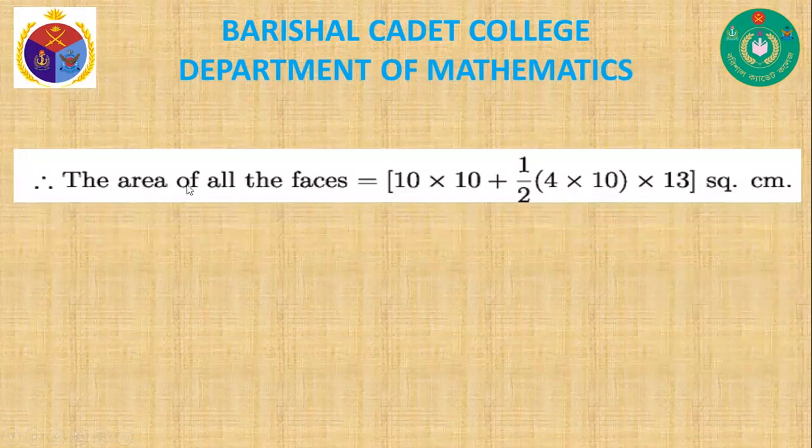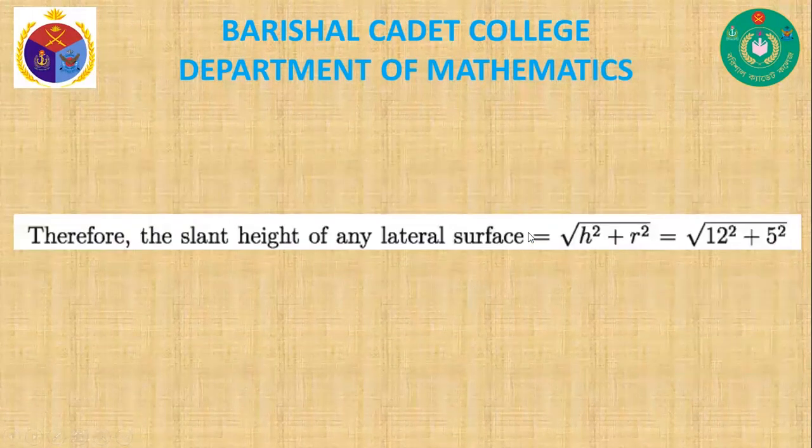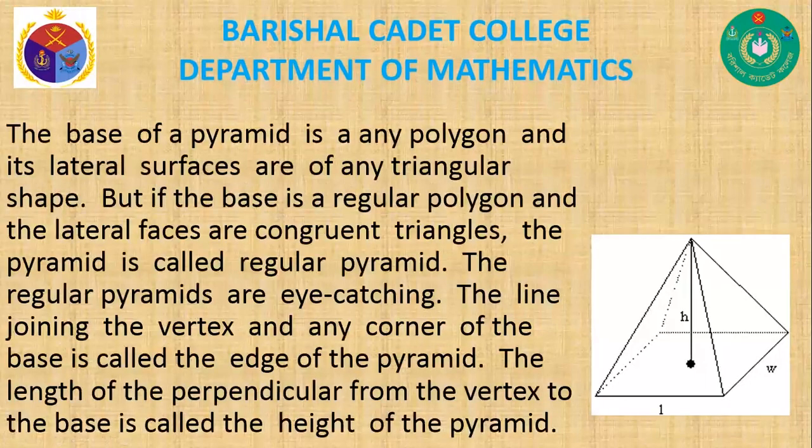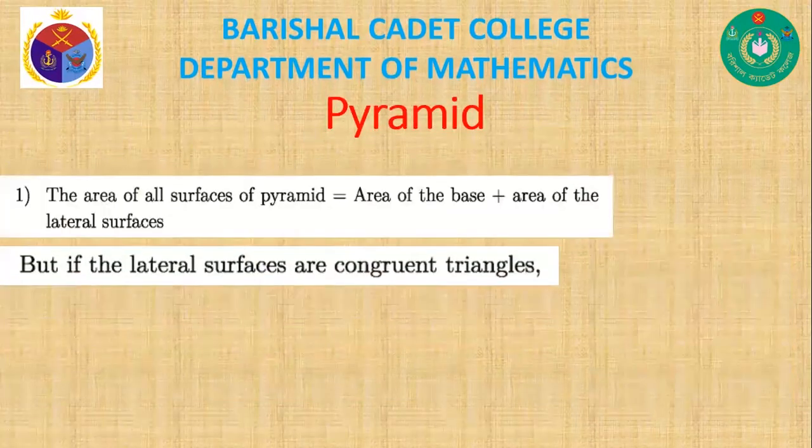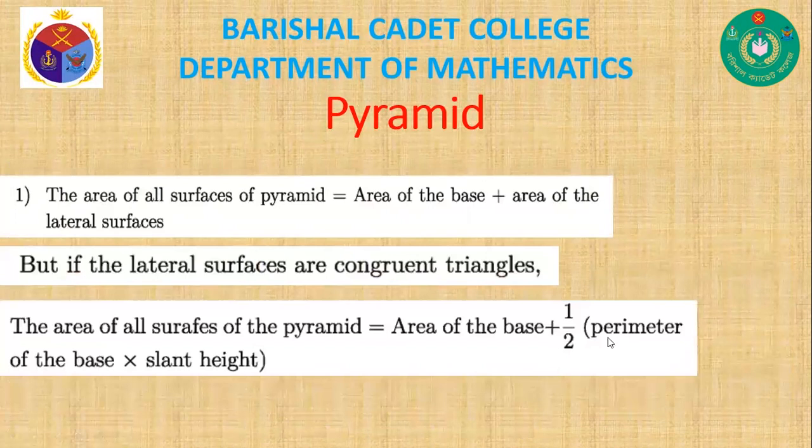So the area of all surfaces, or that is area of all faces, will be the area of the base, which, since it is a square, will be 10 into 10, that is 10 square, plus half into perimeter of the base into slant height.